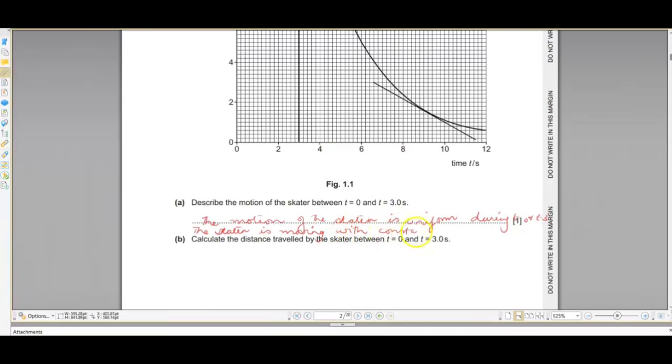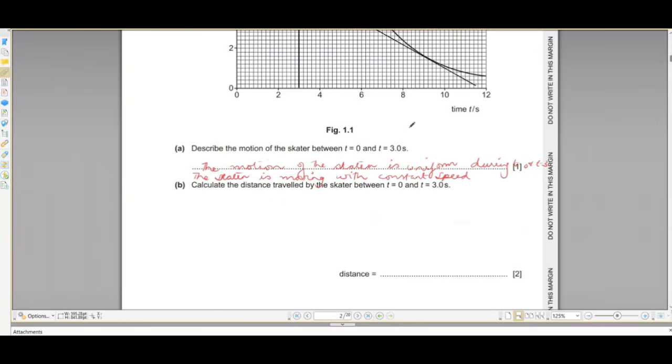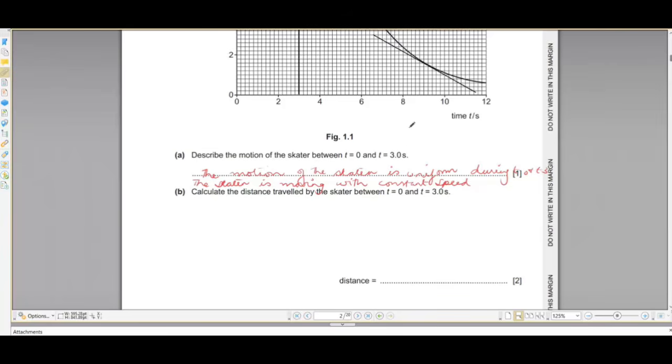In a speed time graph, a straight line means constant speed, and in a distance time graph, a straight line means that the object is at rest. Moving on to part B of the question: calculate the distance traveled by the skater between T0 and T3 seconds.